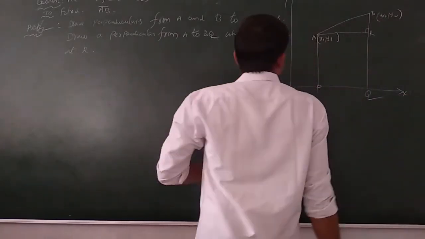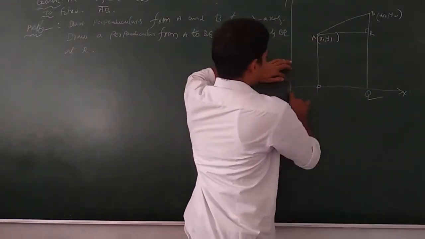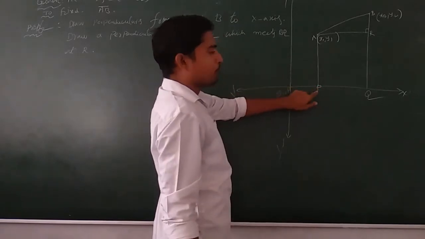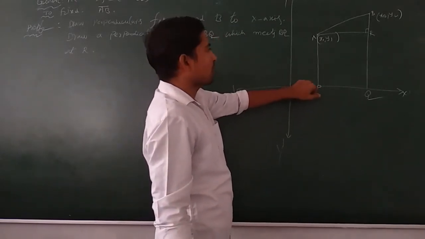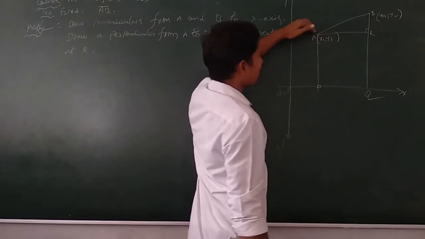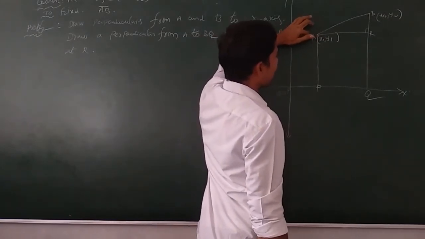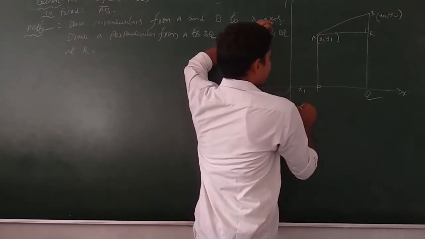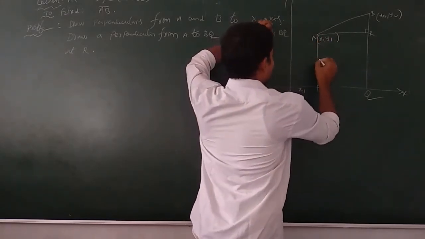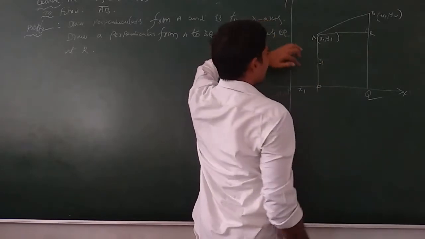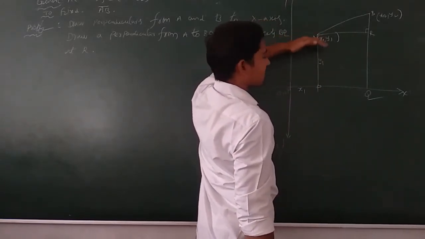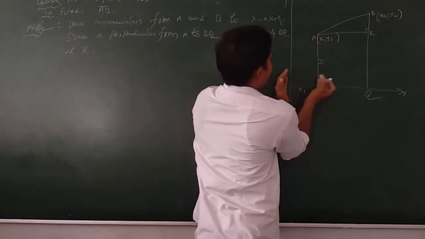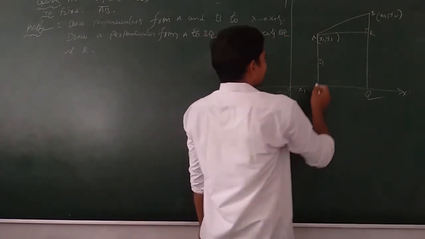So see here, OP is equal to x1. I mean to say the point A is x1 units distance from the y-axis and y1 units distance from the x-axis. X-axis y1 and y-axis x1.